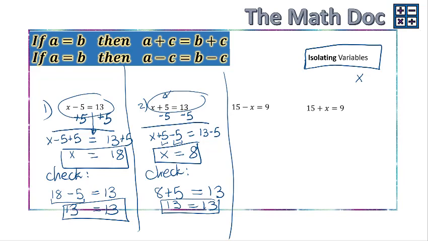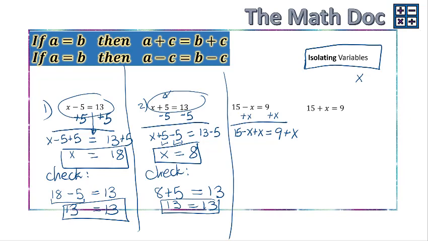Let's add x to both sides of this equality. So we'll add x to this side and we'll add x to this side. Okay, so we get 15 minus x plus x equals 9 plus x. Why is this okay?